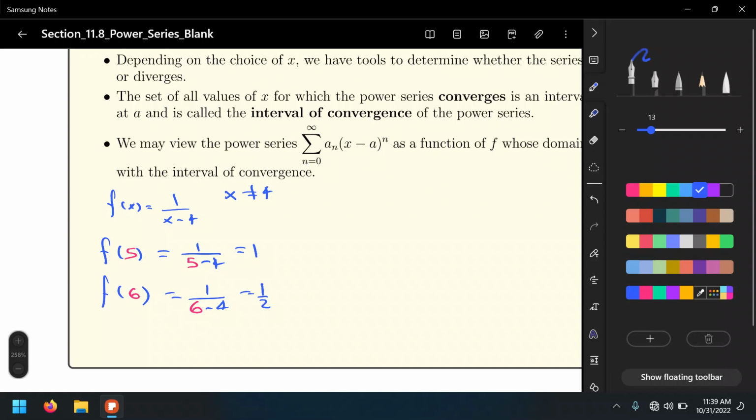However, what if we want to evaluate this function f of x at 4? That's a 4 minus 4 in the denominator. That's a 1 over 0. What's 1 over 0? Well, in this case, we're not computing a limit.